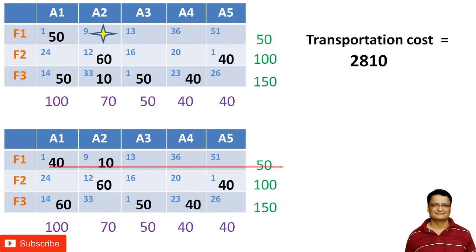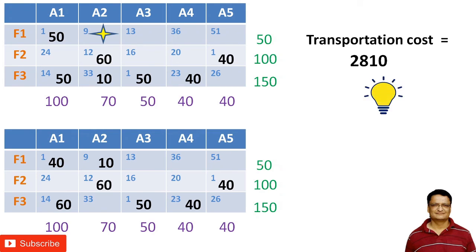So 40 plus 10 gives me 50, right? 60 plus 40 gives me 100, and 60 plus 50 plus 40 gives me 150. So I am satisfying the row constraint. Looking at the column constraint, 40 plus 60 gives me 100, and 60 plus 10 gives me 70. So 50 equals 50, 40 equals 40, and 40 equals 40. So again I am satisfying the column constraint also.